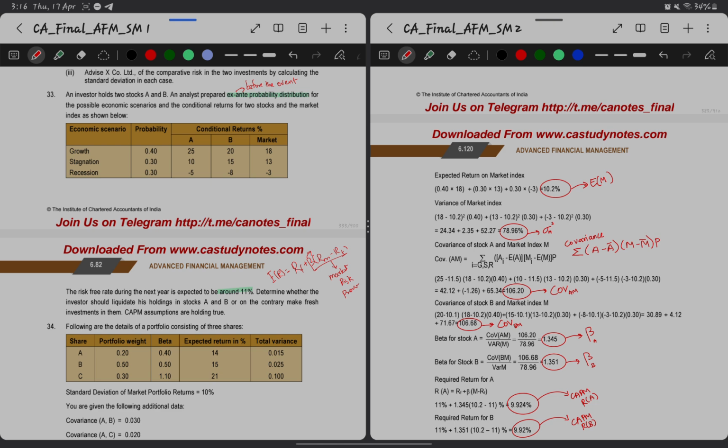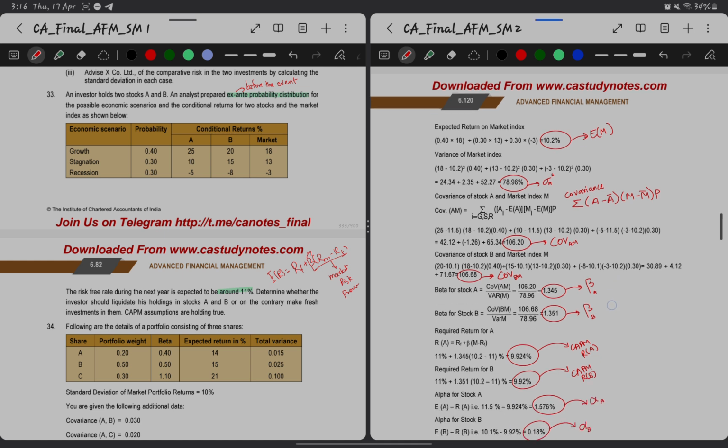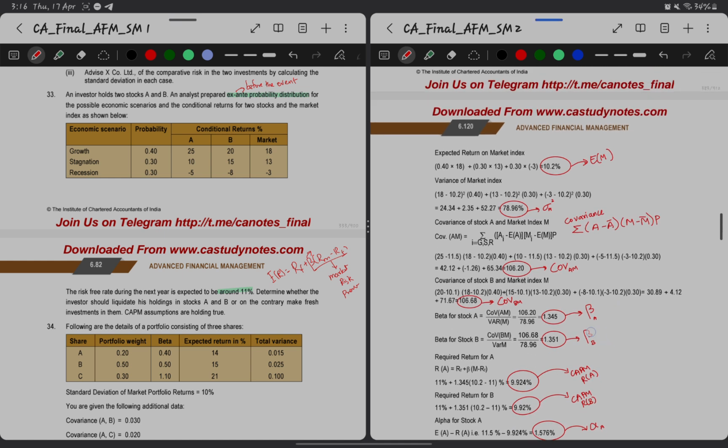Now since we have the expected return of market and then we have the risk-free return also, we got the market risk premium and risk-free return also. Now beta we need to calculate.